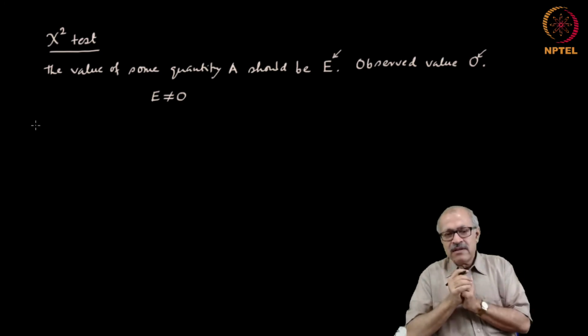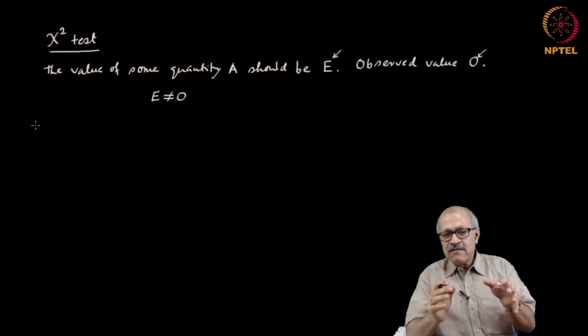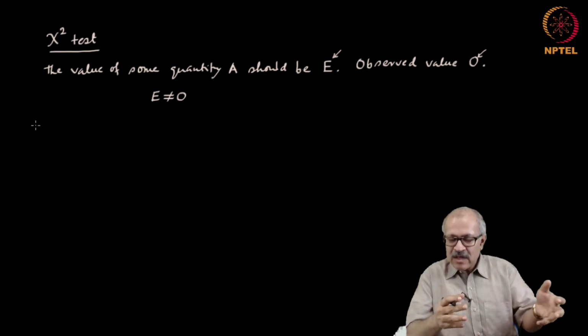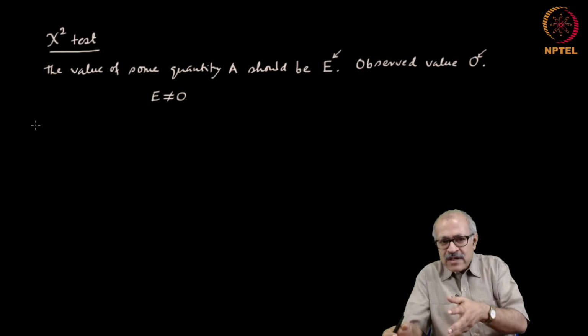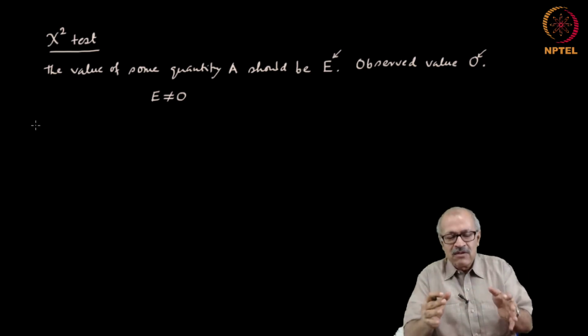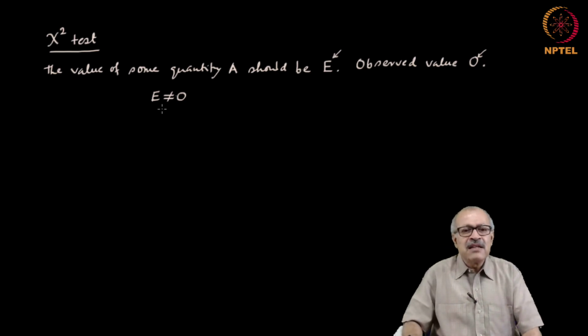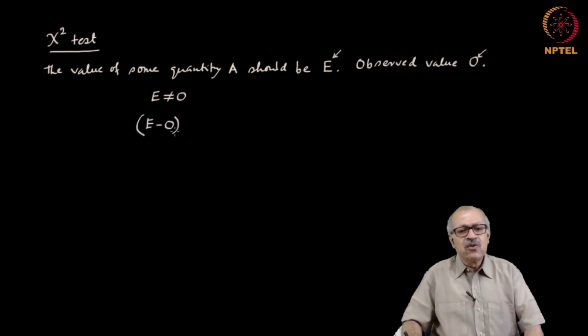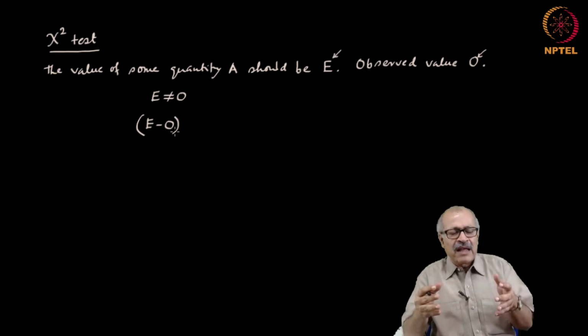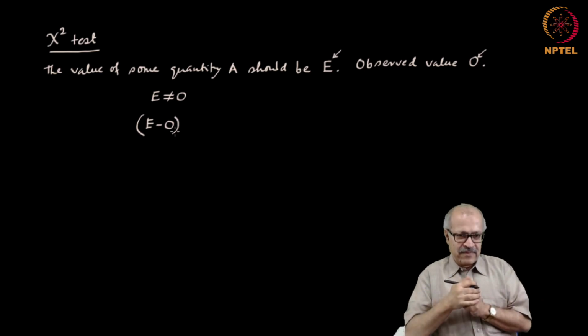Now, when you have E, that means the expected value from the theory, differing from the observed value from the experiment, then if it is still true that the theory is true, in that case the quantity E minus O should be behaving like a random variable, right.